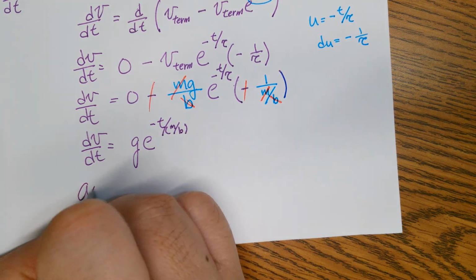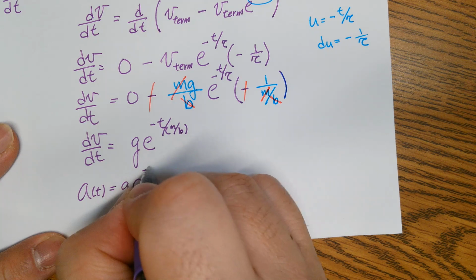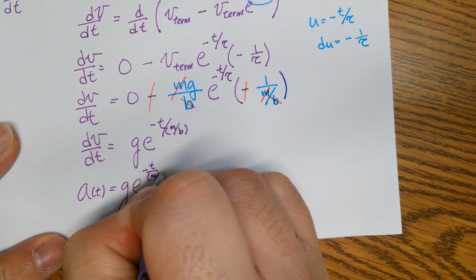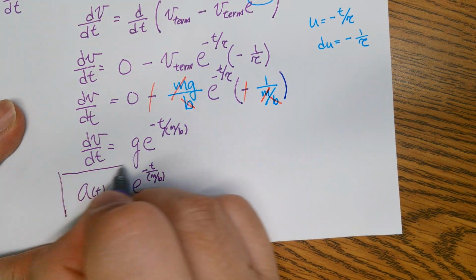So my acceleration as a function of time will be g times e to the negative t over m over b as my acceleration function.